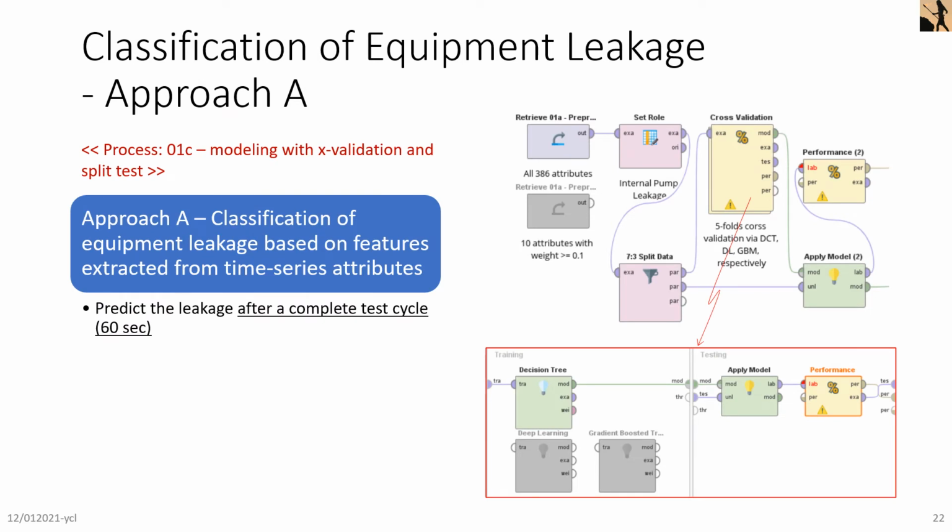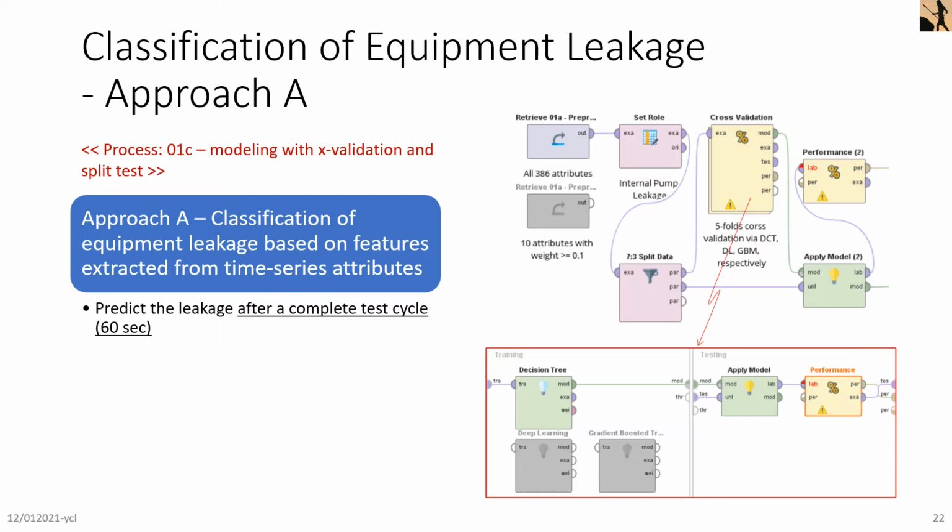Okay. Now, we mentioned that cross-validation is actually just a part of training. So the performance actually is looking at within the training data. So we would like to do this classification with something split out first.